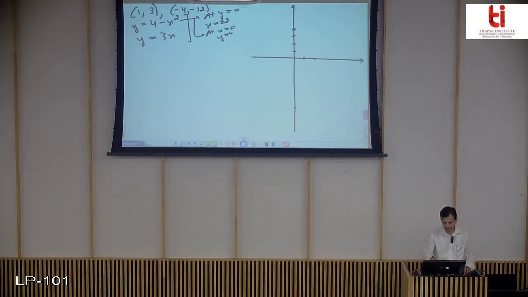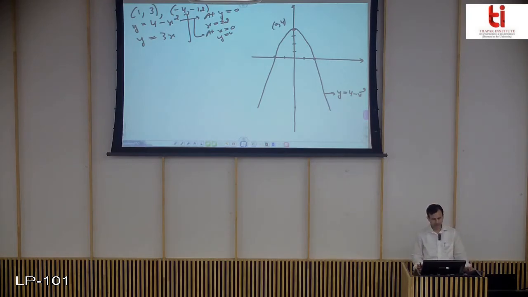So the parabola has this rough shape. This is (2, 0), this is (minus 2, 0), and this is the point (0, 4).